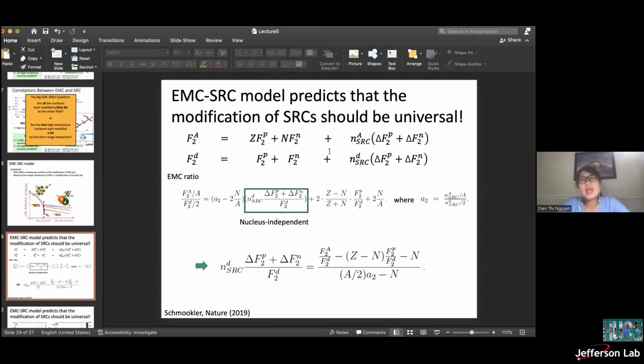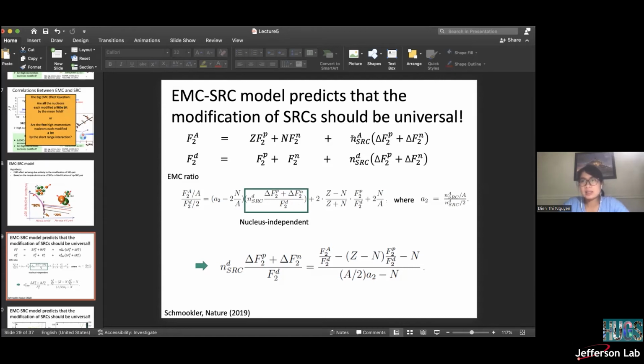So if we assume that the modification only comes from the SRC pair, then we can write the F2 function of the nucleus A in terms of the number of protons times F2 of proton, and the number of neutrons times F2 neutron here. And this one is unmodified, it's just the free one. So all the modification will come from the SRC pair.